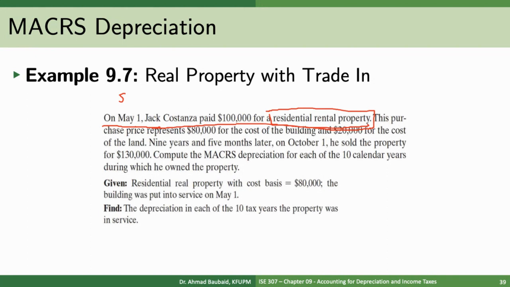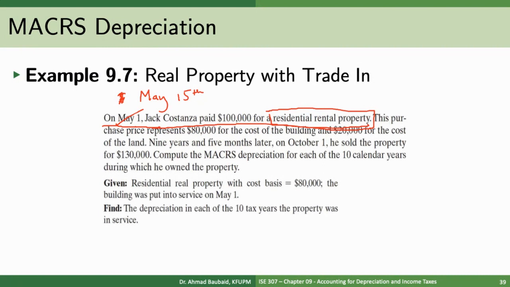First of all, we apply the mid-month convention. So even though the building was bought on May 1st, we're going to assume for the purposes of taxes that it was bought on May 15th. Now, in that first year, you owned the asset starting from May until the end of the year, right? And then the following year, you owned it for a complete year, etc., until you sell it.